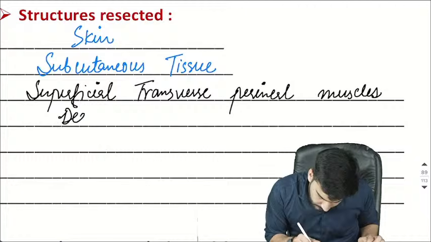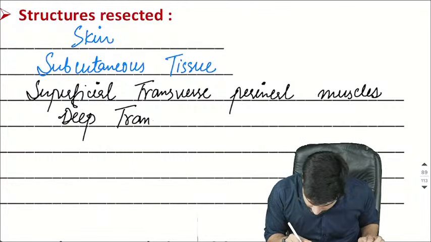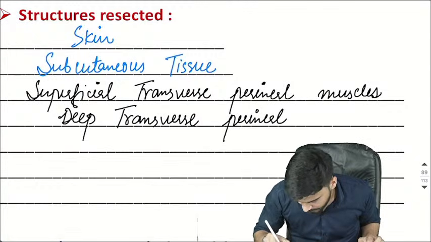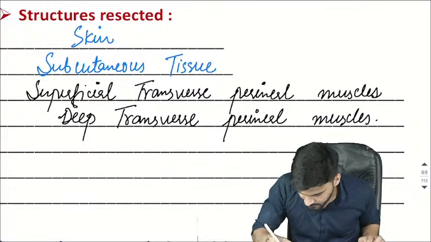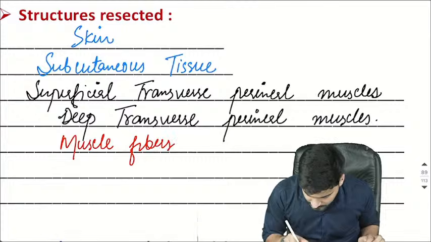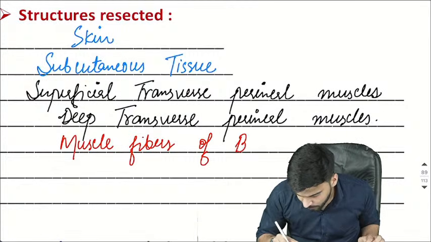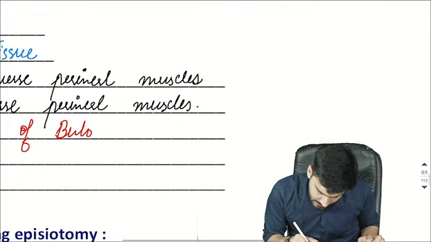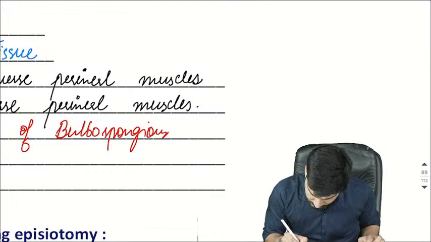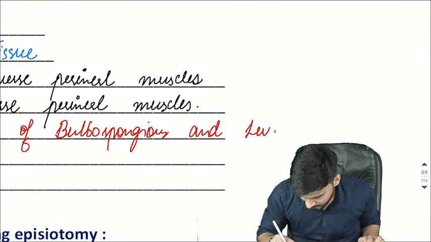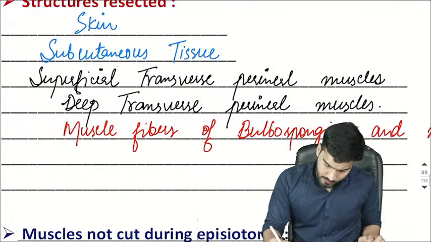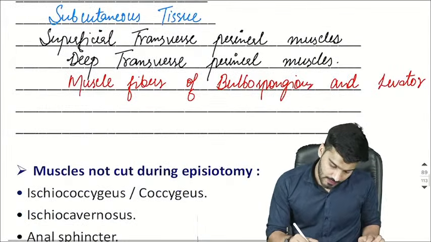Followed by that we have the deep transverse perineal muscles. Next we have muscle fibers of bulbospongiosus and levator ani. Then we have the transverse perineal branch of the pudendal nerve.